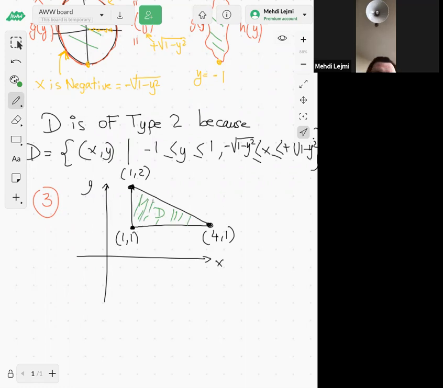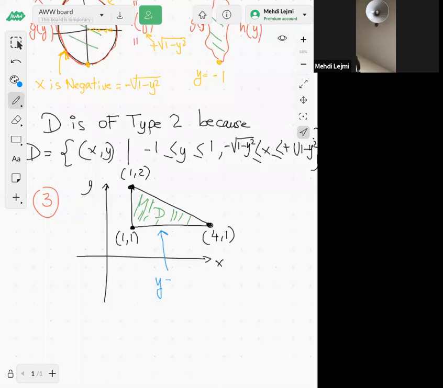So it's almost the same thing as the first example. This region D, the interior of this triangle, is also of both type 1 and type 2. You have to compute the equation of each line. This one is just a horizontal line, so y is a constant.